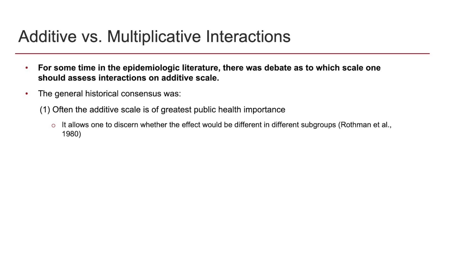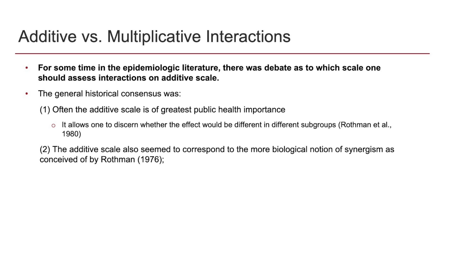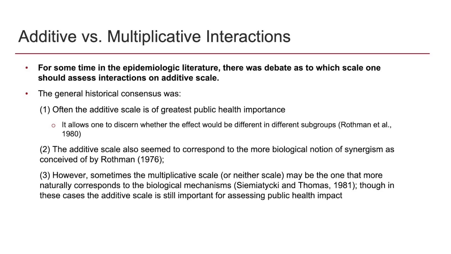It would allow one to see whether the effect is different in subgroups, and that might allow you to maximize the public health benefits. The additive scale also seemed to correspond more to the biological notion of synergism as described by Ken Rothman in 1976. So when we are thinking about biological interaction, the additive scale seems to correspond more to that notion.